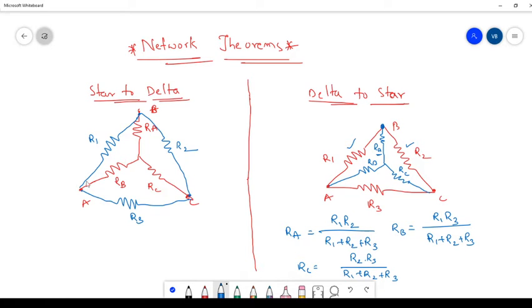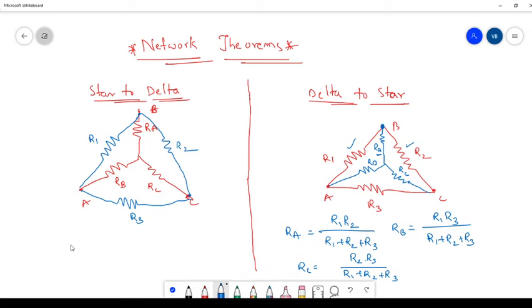So how are we getting R1 here? R1 is a combination of RA and RB. While writing the star to delta formation, the numerator value will become the same, that is the summation of the products of those resistances taken two at a time.